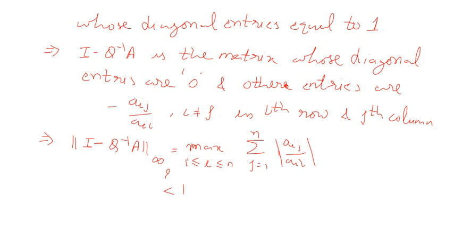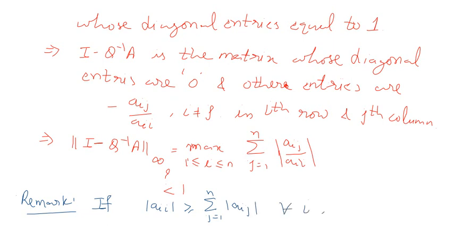So now if mod of a_ii is greater than or equal to the summation over j of mod a_ij (j not equal to i) for all i, then the infinity norm of I minus Q inverse A is less than 1.